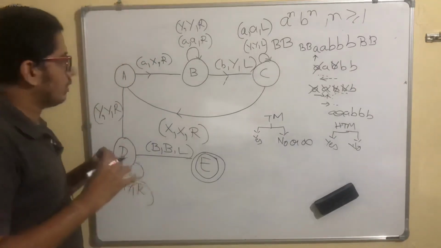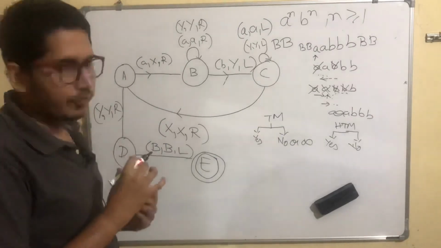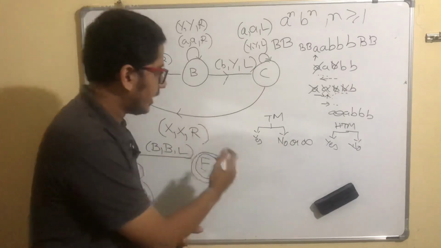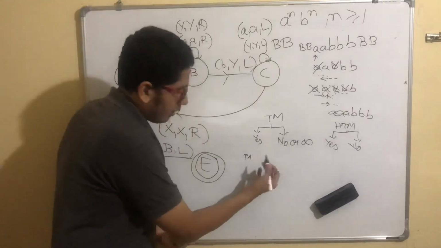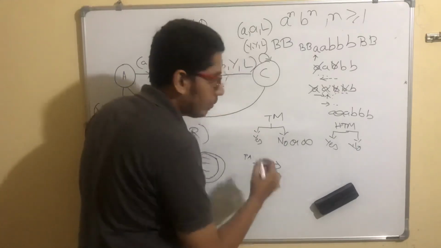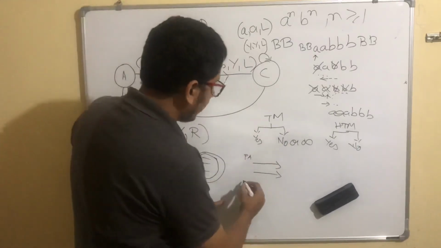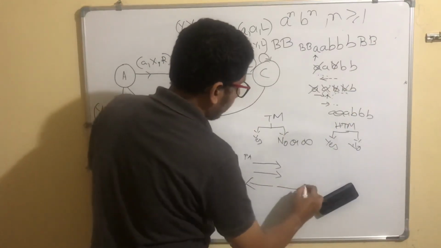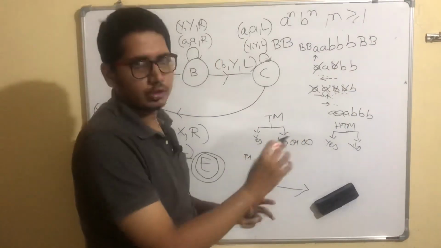So some key points of differences between pushdown automata, finite automata and Turing machine: you have seen that in finite automata the transition will be just moving from left to right, or even in pushdown automata. But here in Turing machine, we saw it can move left or right. It can move both the sides.